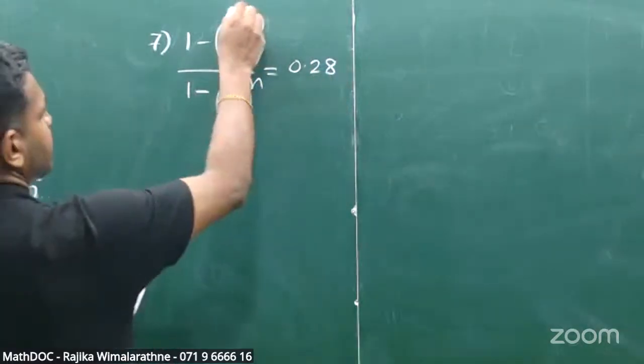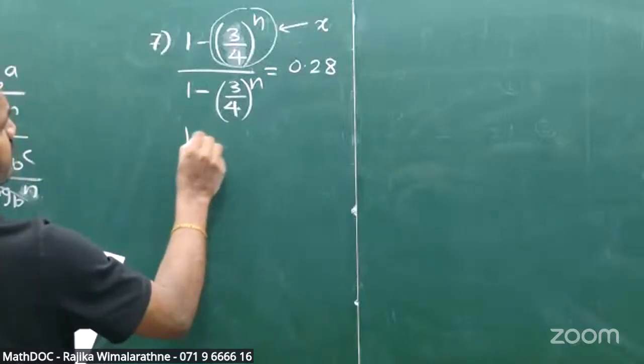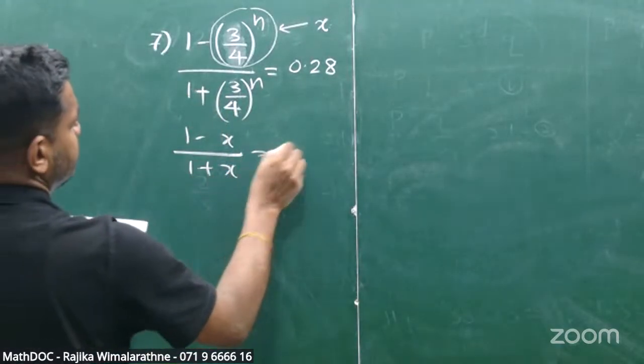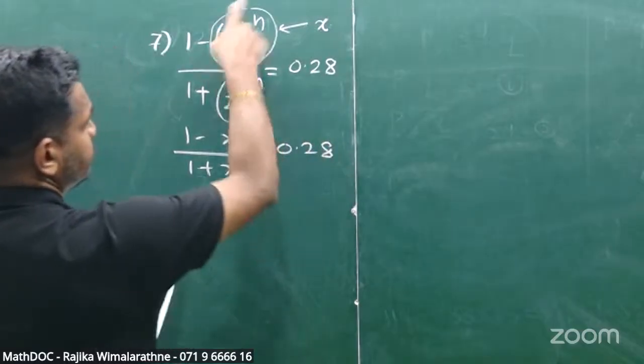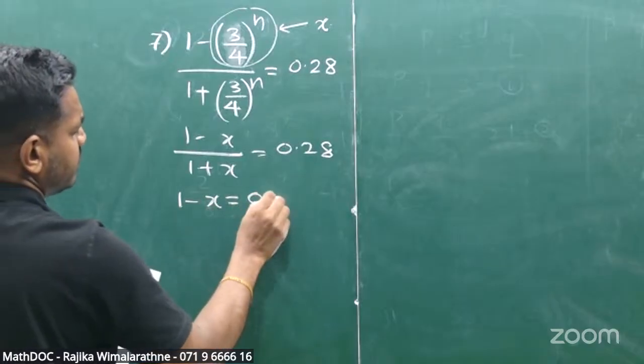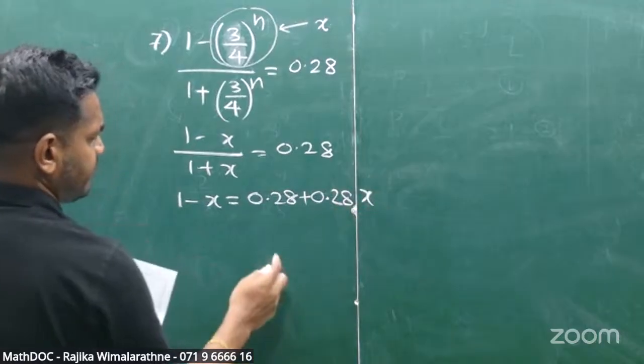Then you better take 3 over 4 to the power n as x. Then 1 minus x, here 1 plus x, 0.28x. First you take this one x, then simplify 0.28x.